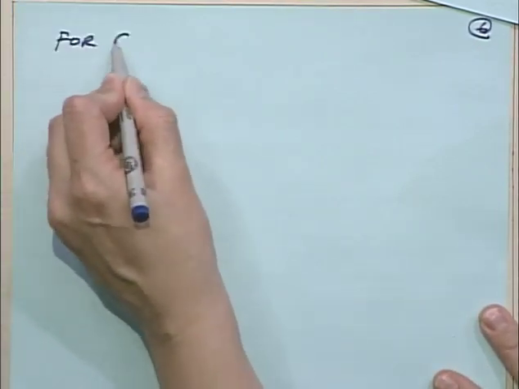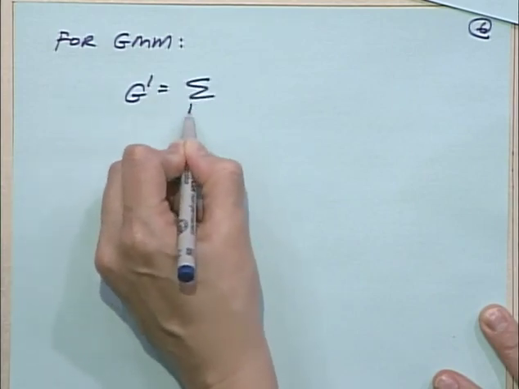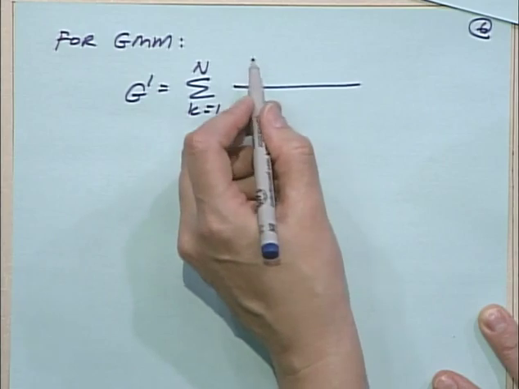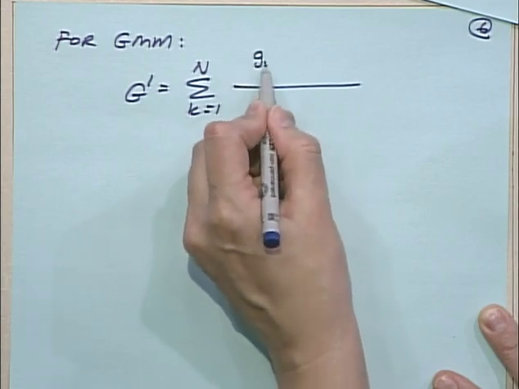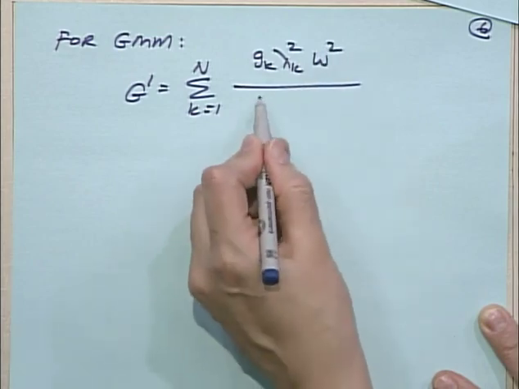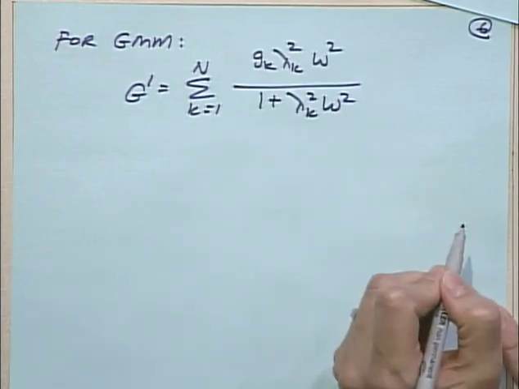For the generalized Maxwell model, they turn out to be G prime is equal to the summation k equals 1 to n of G sub k lambda sub k squared omega squared over 1 plus lambda sub k squared omega squared.